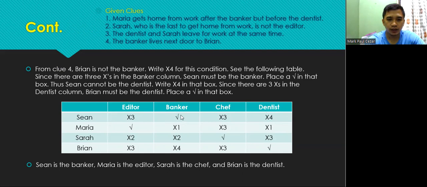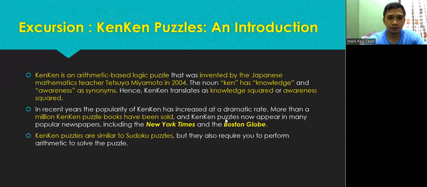So we're going to put a check mark here in Sian's row and the banker's column. And the remaining one for Maria is the editor column in Maria's row. So here we already have our answer for this logic puzzle.